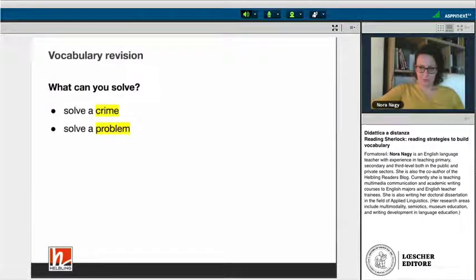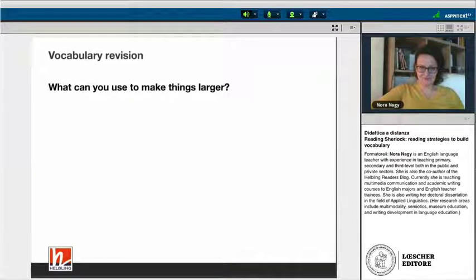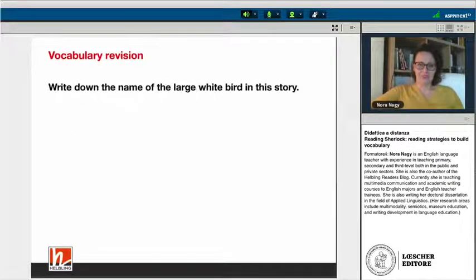All right, we are moving on. What can you use to make things larger? What does a detective use to make things larger? Yes, a magnifying glass. Good.